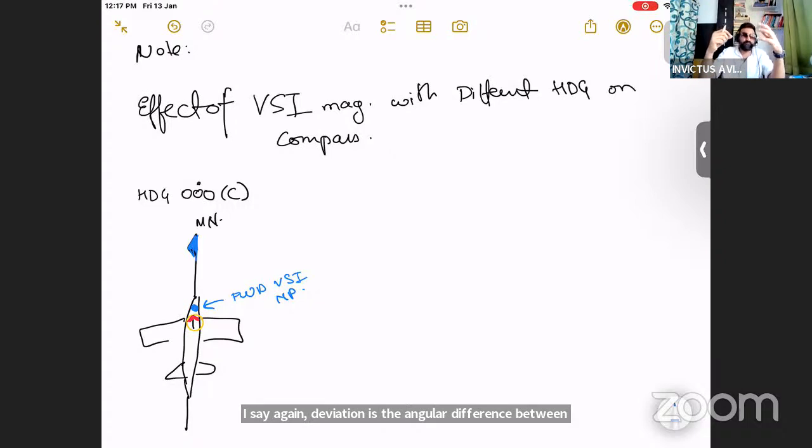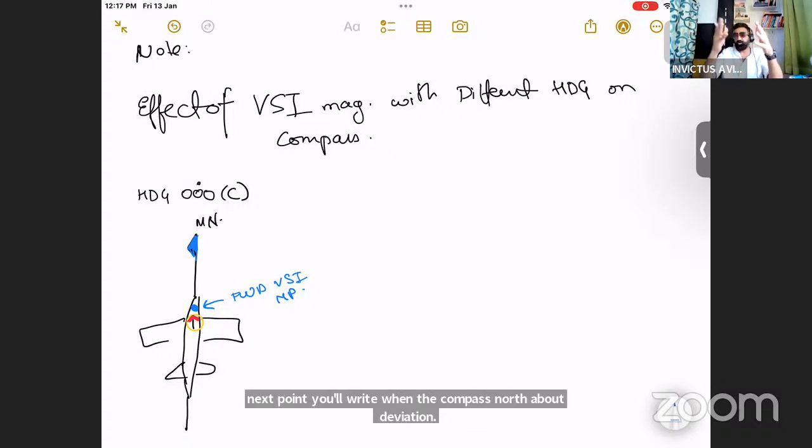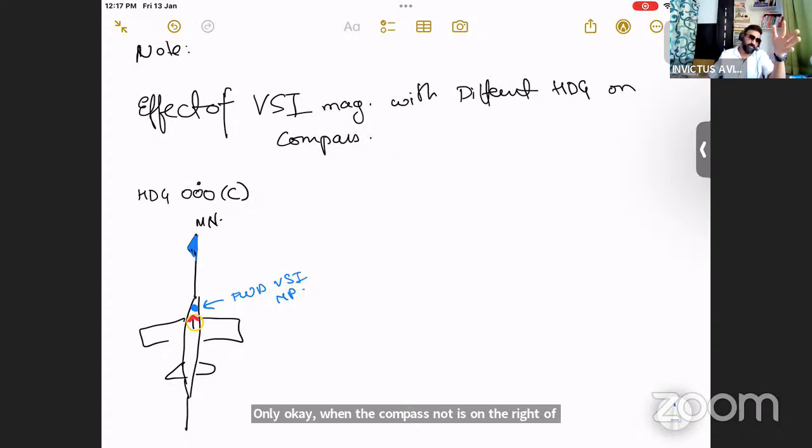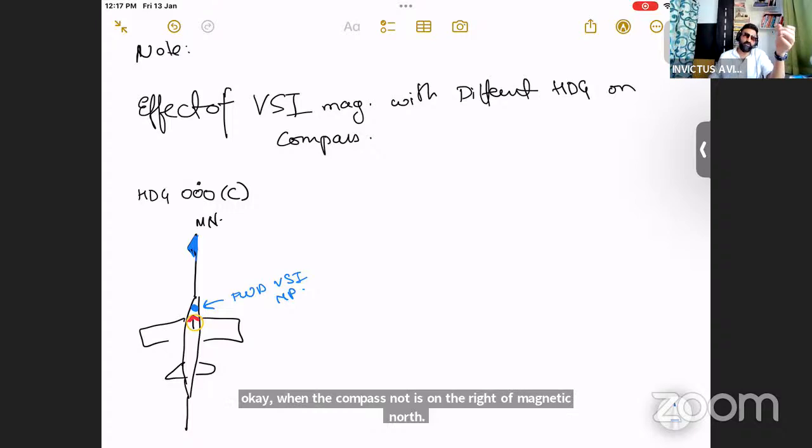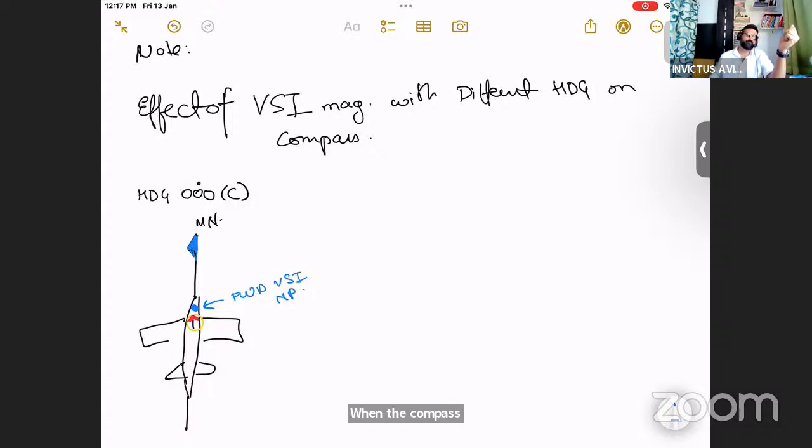Next point you will write. About deviation only, okay? When the compass north is on the right of magnetic north, that is to the east, then the deviation is called easterly deviation.